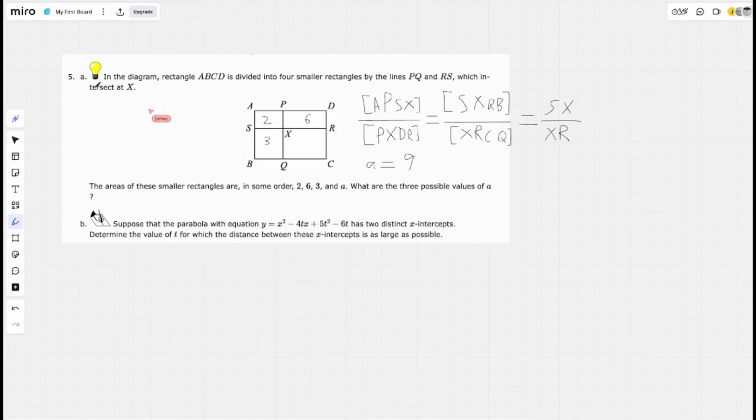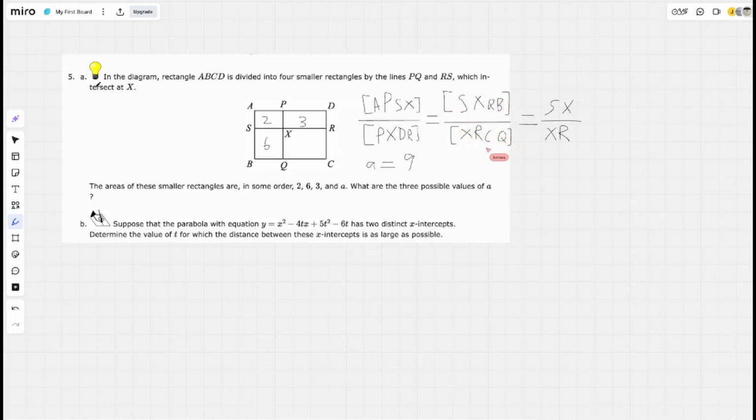Now, what if we swap the 6 and 3 here? Let's say 3 and 6. You notice that APSX over PXDR is 2 over 3, and that's equal to SXQB divided by XRCQ.